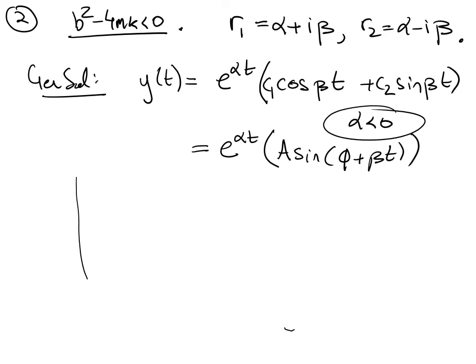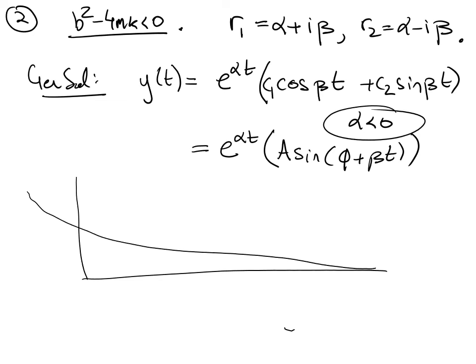And so if you plot this, it's actually a combination of the two behaviors that we saw earlier. Remember, alpha is negative, so it's like some sine function, but which is decaying exponentially.